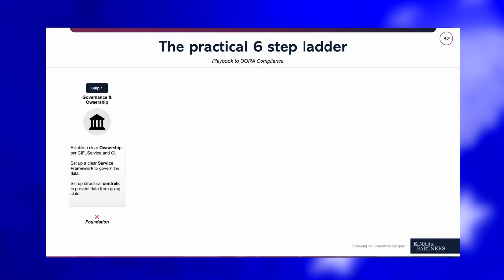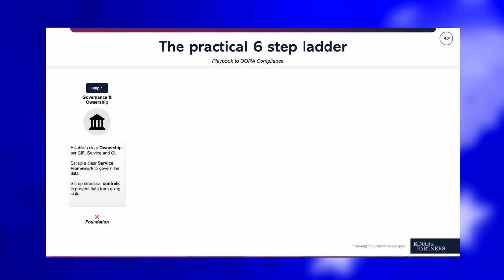It's very, very important that clear ownership is defined, starting with the CIF, that you have one person assigned to take that accountability for having these critical functions mapped end to end. That can be someone from the business, someone that understands the value being provided and the business impact if something goes wrong.